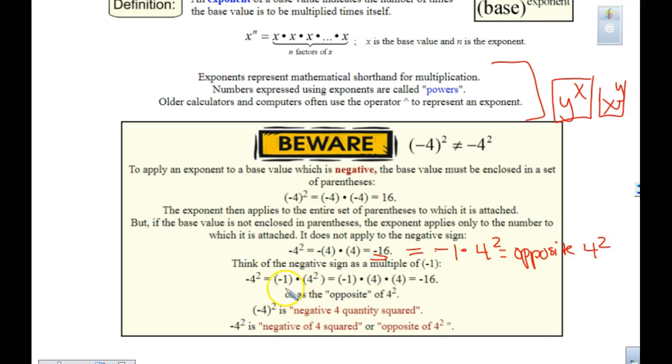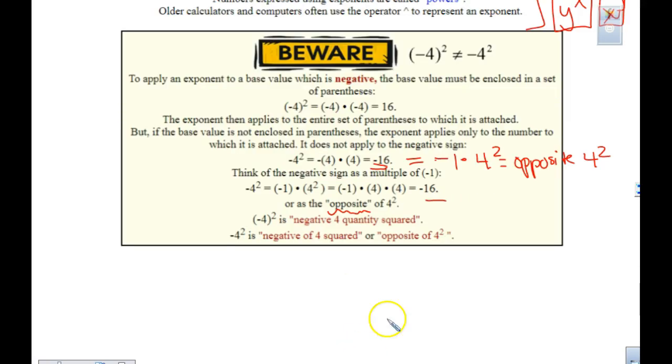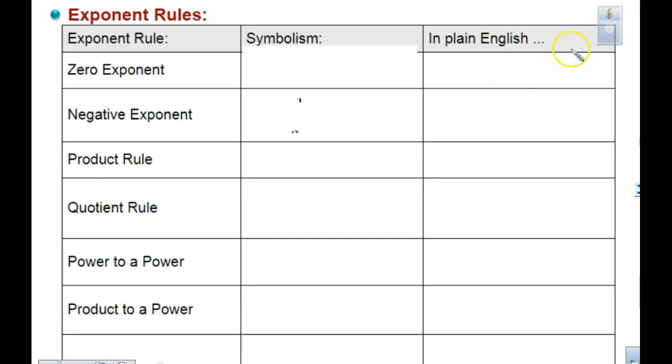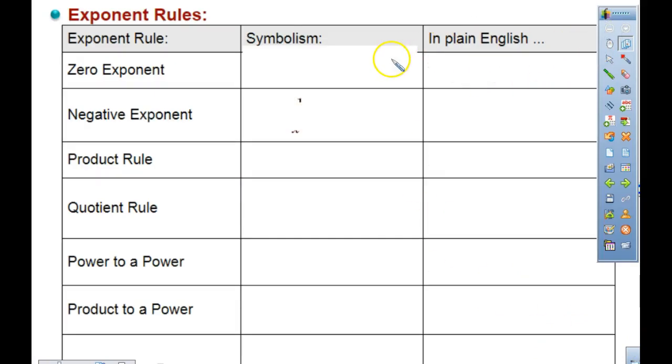Putting that -1 times that gives us -16, thinking of that negative out in front as being the opposite, whereas this one tells us we're going to multiply -4 squared. That means -4 times -4. This is where a lot of times I'll have students make mistakes on the quiz. They'll put things in their calculator and they think they're doing it right, and that's where they'll run into some mistakes.